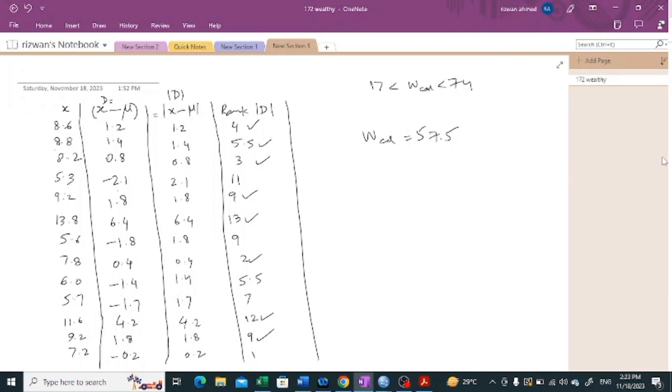We write down the decision accordingly: since W calculated does not fall in the rejection region, therefore H naught is not rejected.